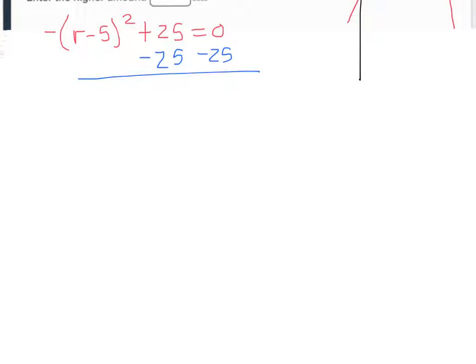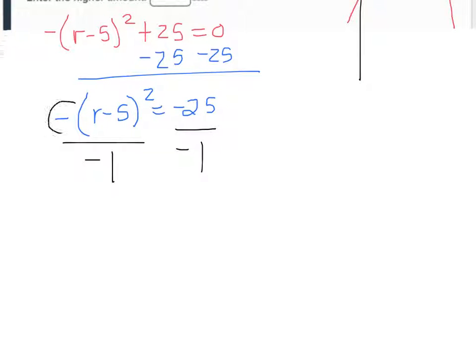And we get negative parentheses r minus 5 all squared equals negative 25. And now I will divide by negative 1 on both sides because I want to get rid of this negative sign right here. And so those go away. So I have r minus 5 all squared equals 25.